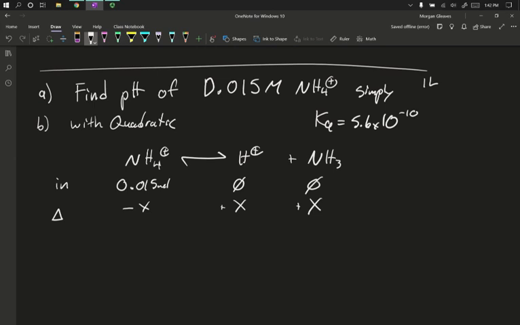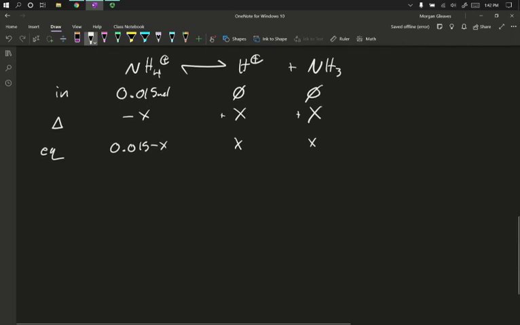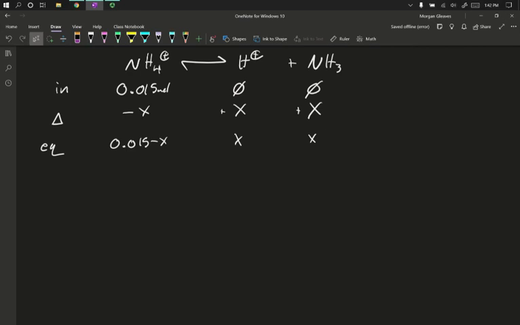Whatever starting acid falls apart, we create exactly that much of our products. Eventually this reaches equilibrium, and so we end up with an equilibrium amount of 0.015 minus x, x, and x. Again, this is all 1 liter, so our molarity is equal to our moles here.